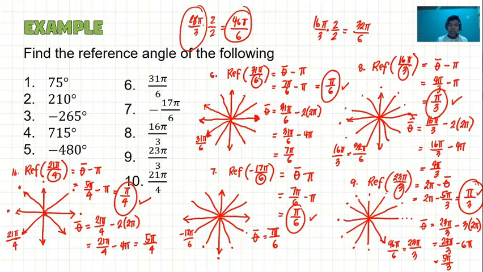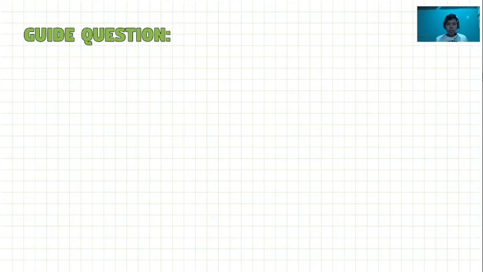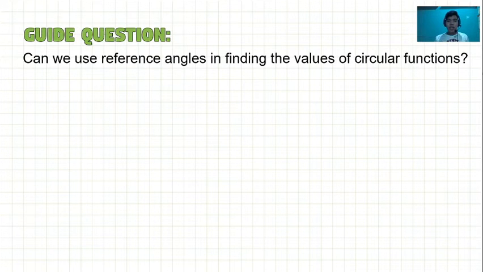Okay, so since we already know how to find the reference angle of a given angle, can we now use reference angles in finding the values of circular functions? To answer that question, let us consider this illustration. Now take note, reference angles are positive acute angles formed by the terminal side of the angle in standard position and the x-axis.